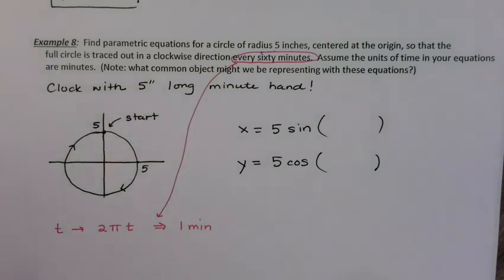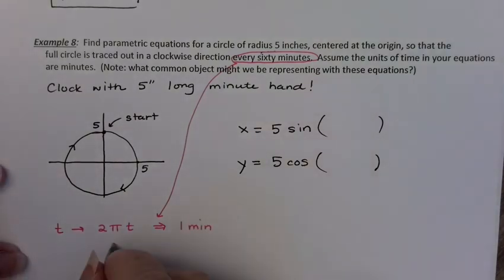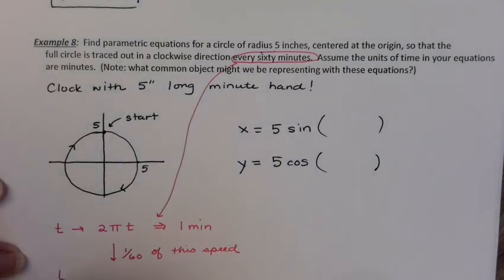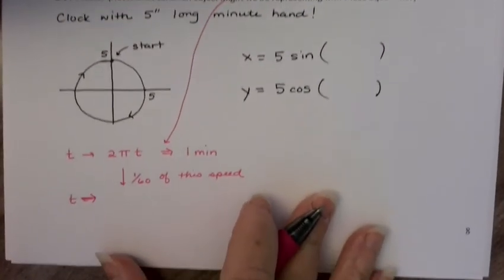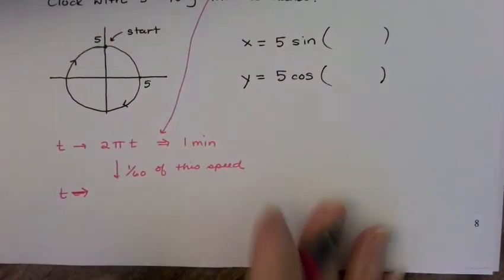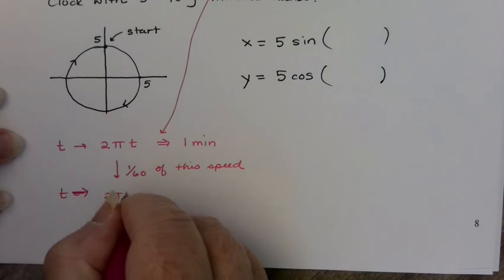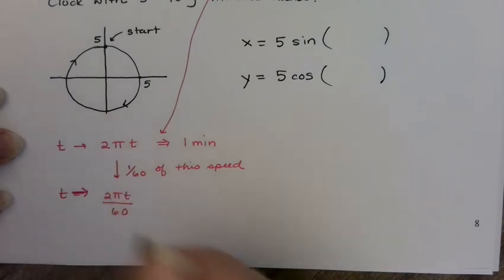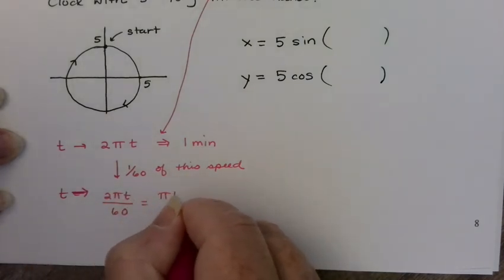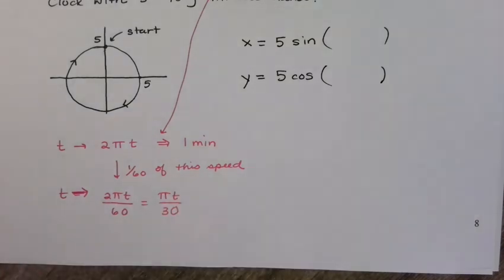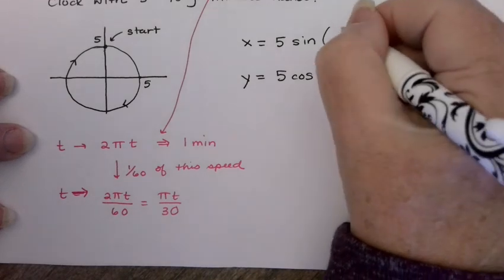So I would go 1/60th of that speed. Meaning t is going to have to be replaced by 2 pi t divided by 60, or pi t over 30. So that's what I'm going to put in as my arguments for the sine and cosine function.